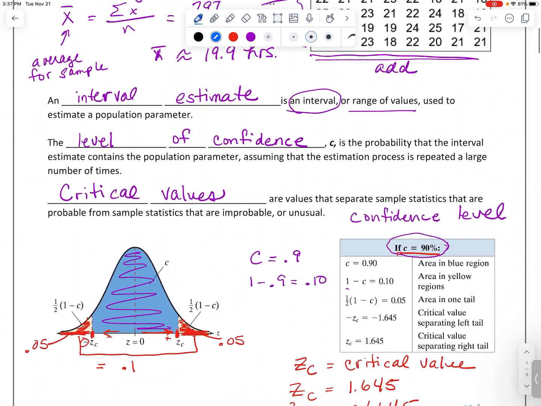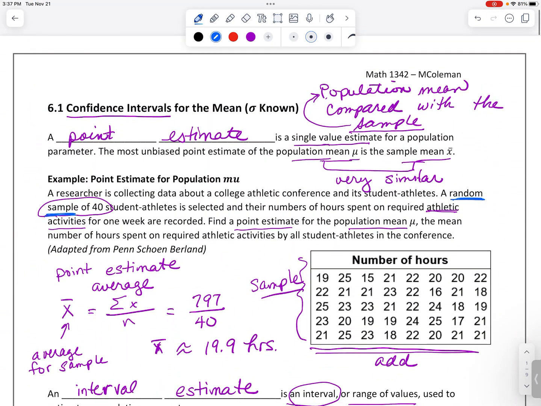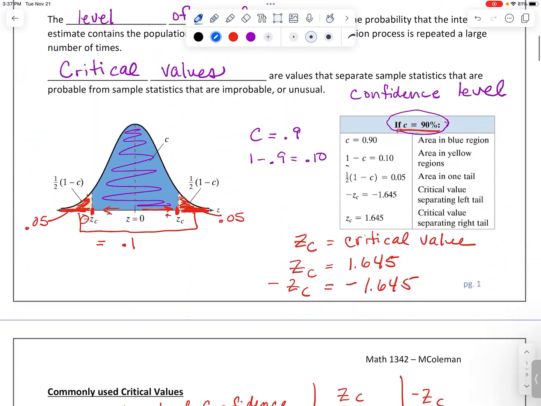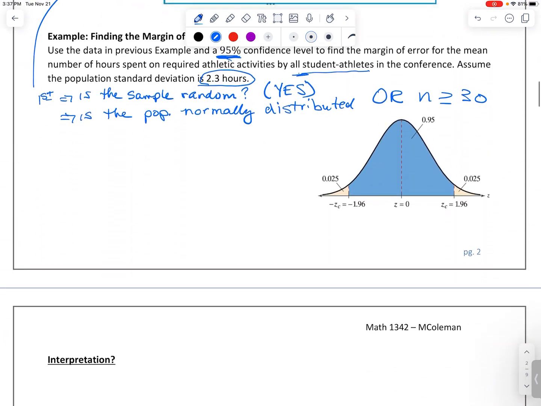So again, if we go back up to our problem, it doesn't say anywhere that this is normally distributed, but it does say that we have 40 students. So my n is greater than or equal to 30. So n is equal to 40, which is greater than or equal to 30. So that's a good thing.